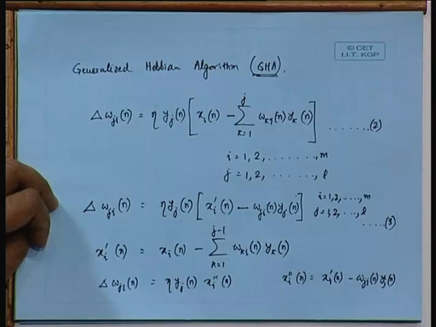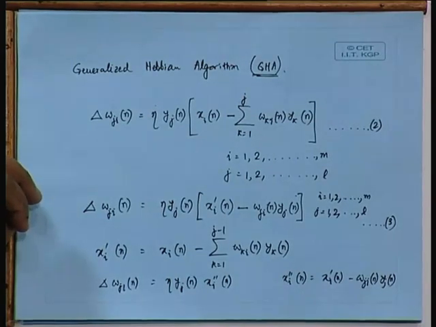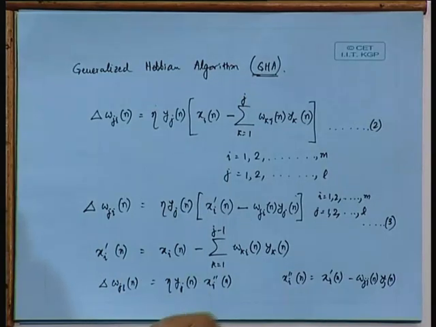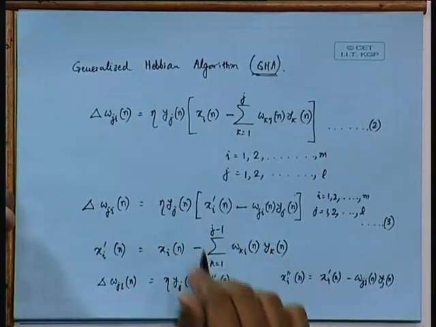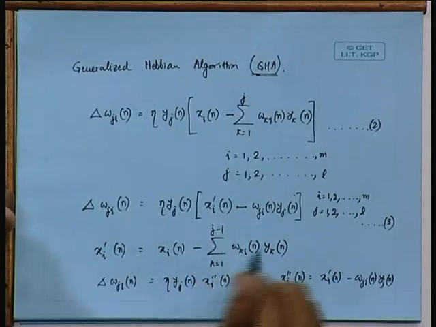Now, this computation can be depicted in the form of a signal flow like this. To get the first term in this expression, we of course have to start with xi of n, considering the ith input, and from xi of n we have to subtract all these j minus 1 terms.